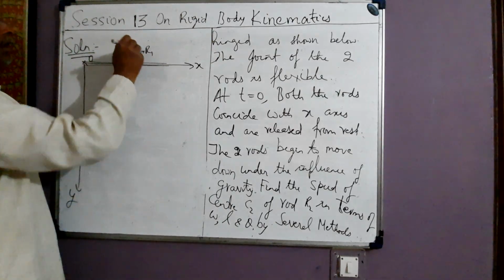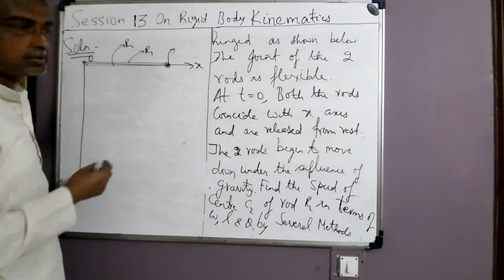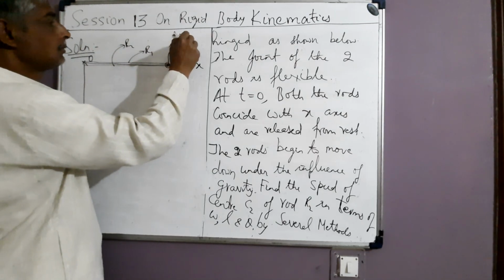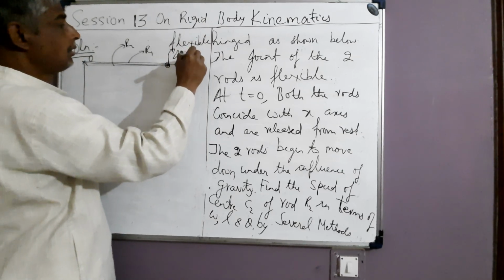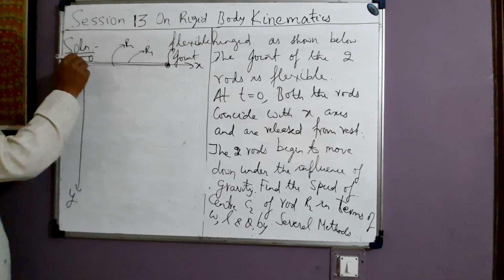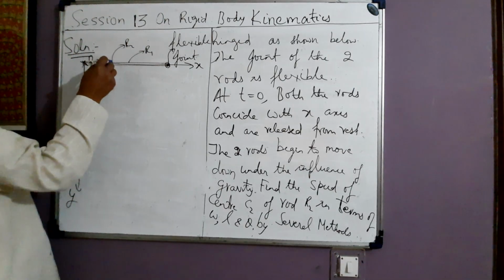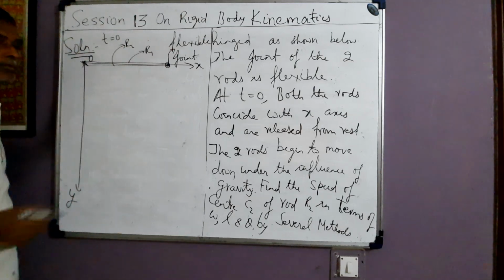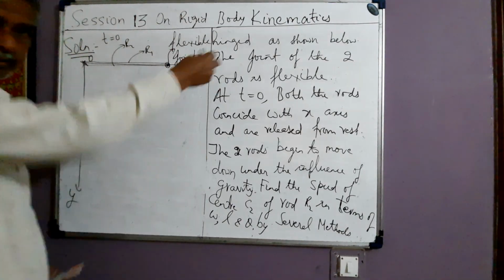This is rod R2. This is the flexible joint of the two rods. This is the origin of the coordinate system. So this is the situation at time 0.